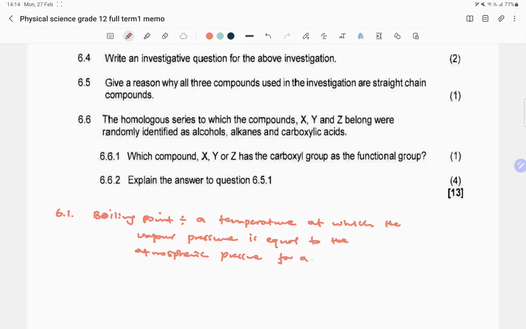For a given substance. It has to be a particular substance, isn't it? Not just any. But anyway, that's just being overly elaborate. It's as simple as that. Atmospheric pressure equals vapor pressure for a given substance, and that is that.